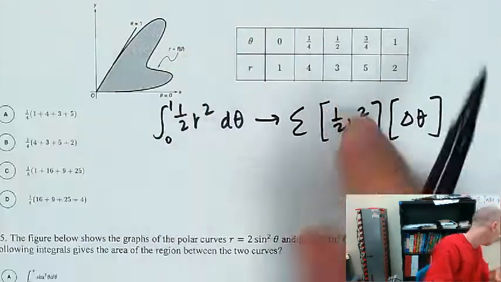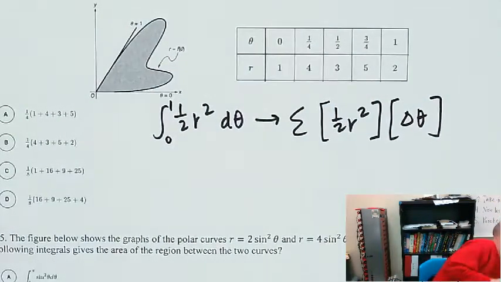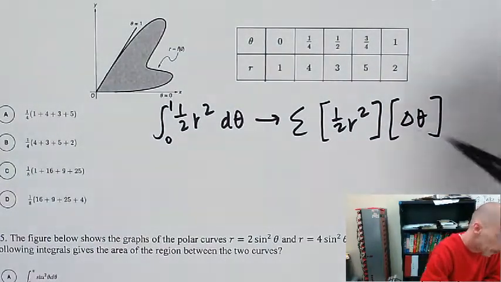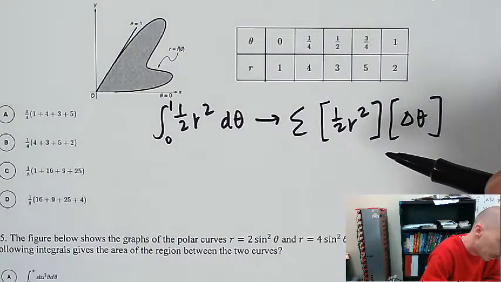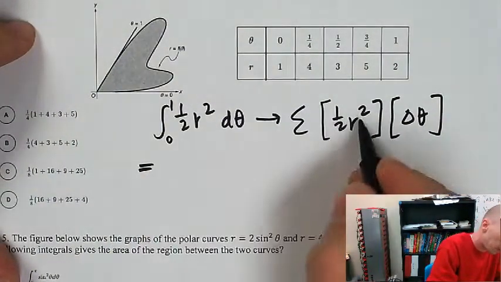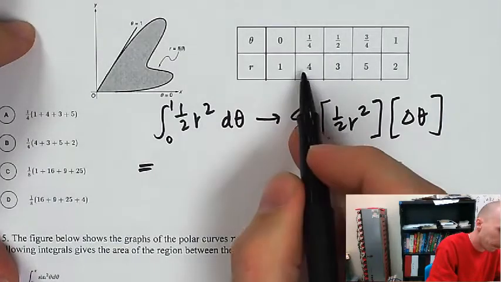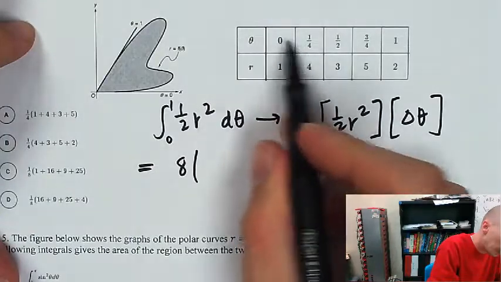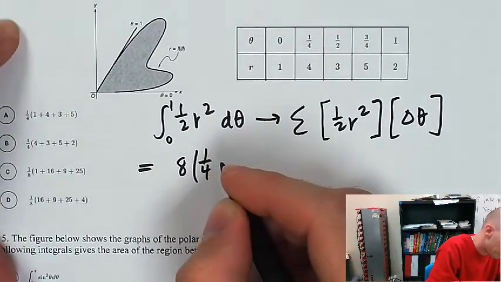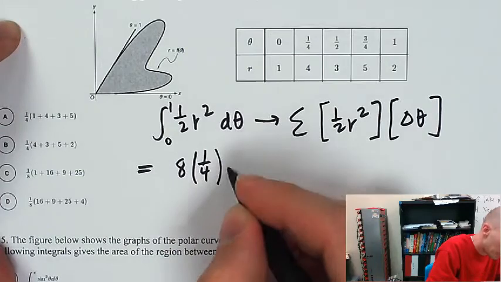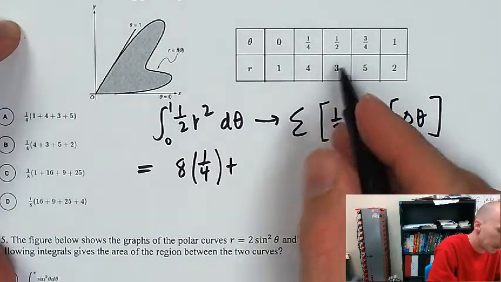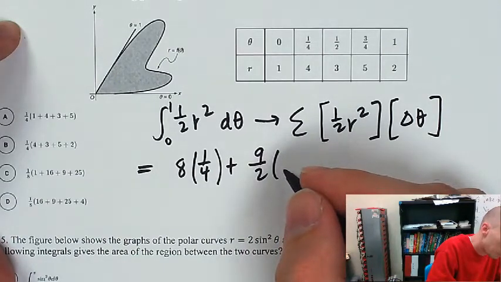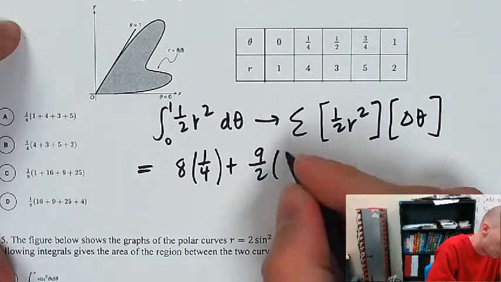So I'm thinking that this is going to go, oh, my computer came unplugged. So I'm going to have, what am I going to have? All right. 1/2 r squared, where we're choosing r from the right, so 1/2 of 16 is 8 times delta theta is 1/4. Plus 1/2 r squared would be 1/2 of 9 times width 1/4.